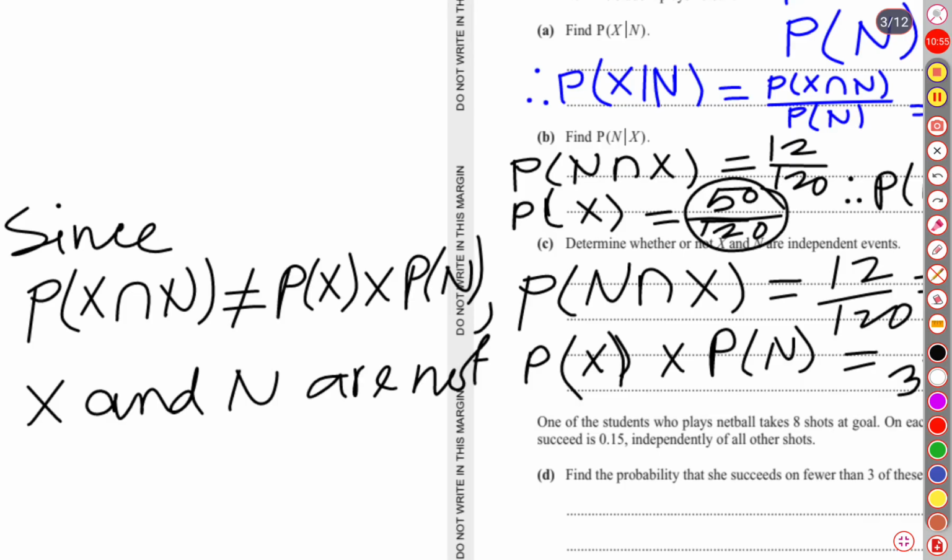So if the individual product is not equal to the combined probability, then they are not independent.